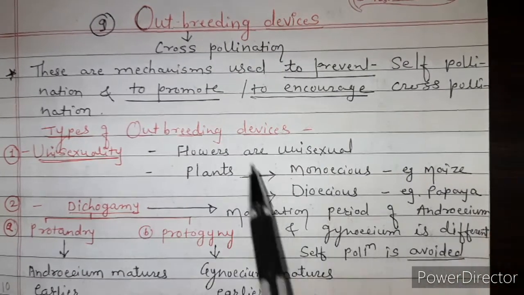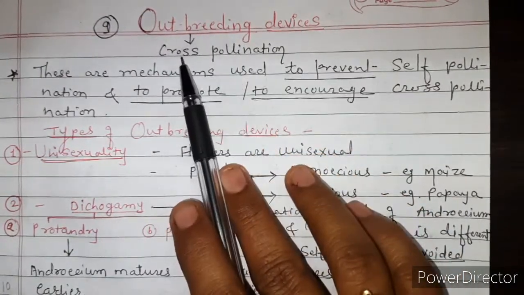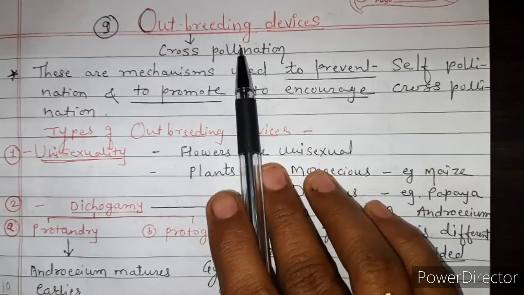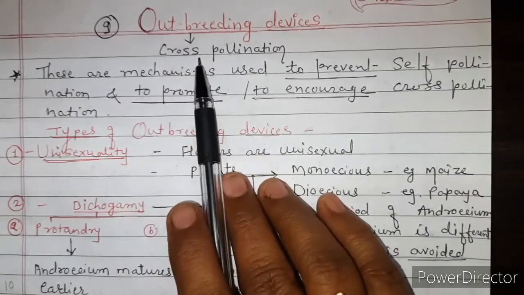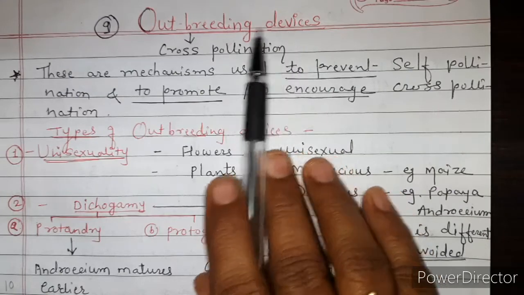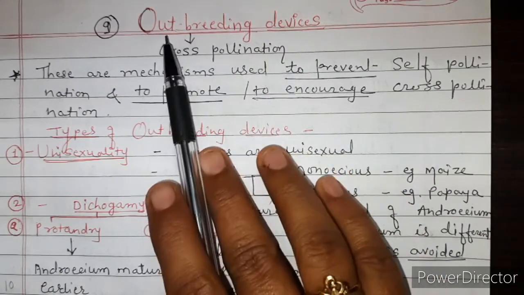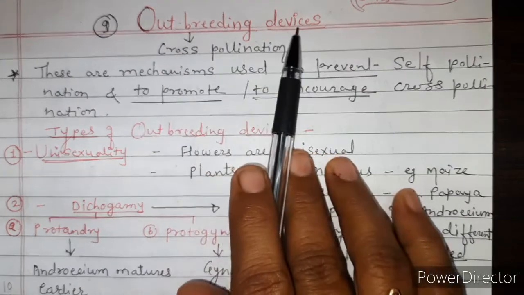Now, you know the meaning of outbreeding, that is outbreeding means cross pollination. Here the flowers produce some devices for cross pollination, and these devices are called outbreeding devices.